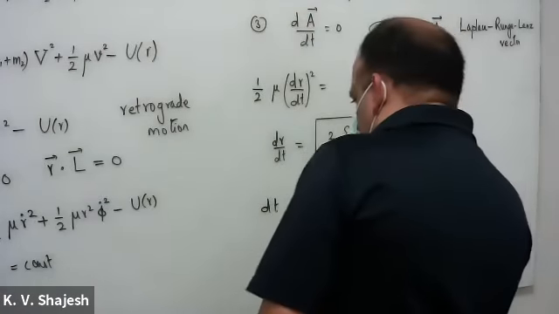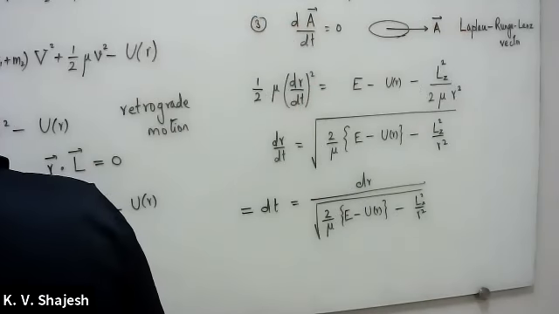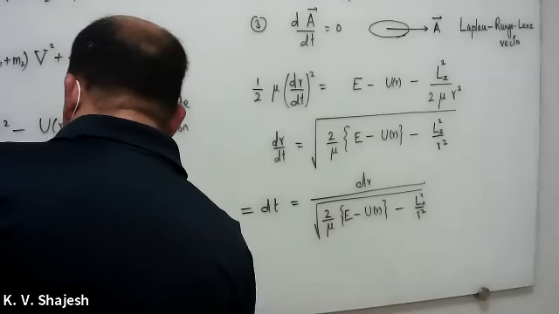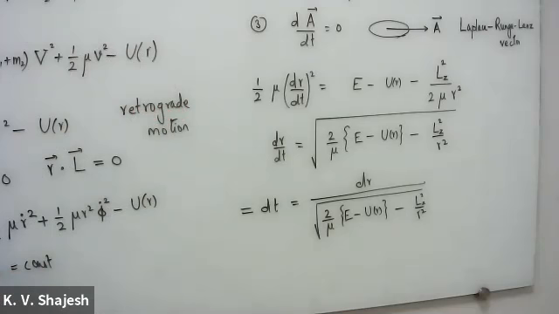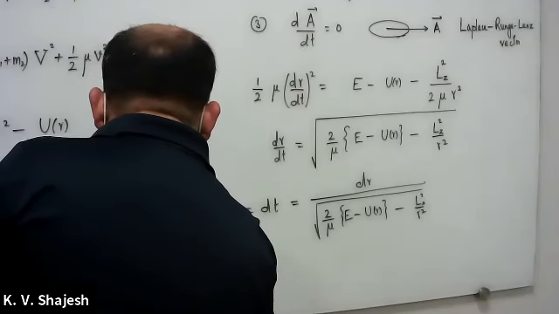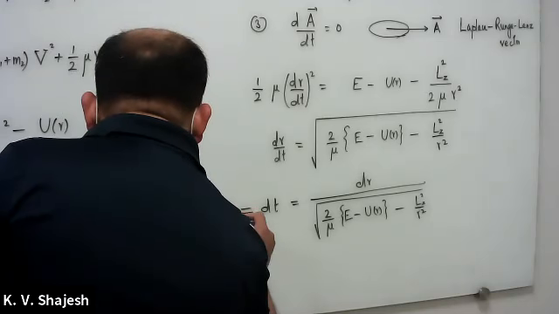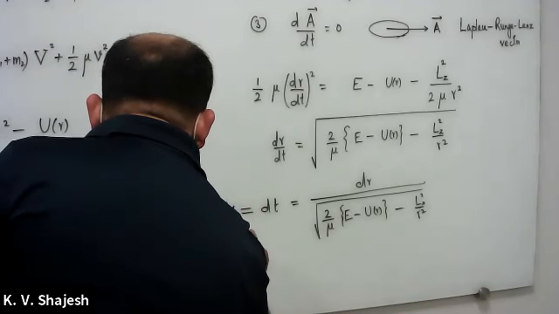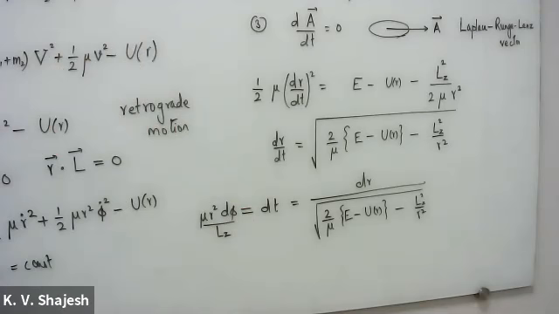So d phi by dt, using this equation, is L_z over mu r squared.